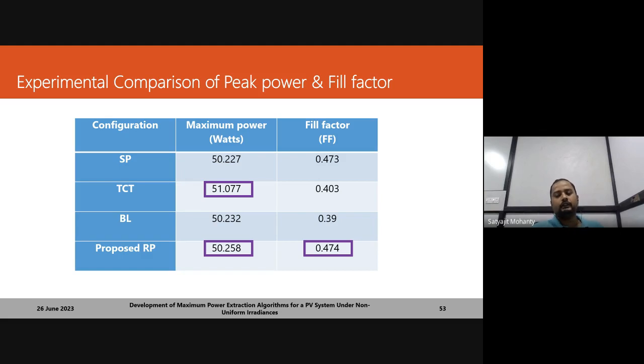On the fill factor side, the proposed RP is better than the conventional configurations. So after forming different topologies, the proposed RP is better than the conventional configurations. I have used this proposed ring pattern for the photovoltaic systems, which I did for the experimental purpose.